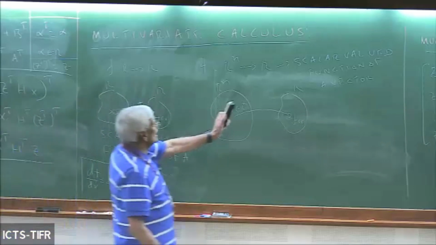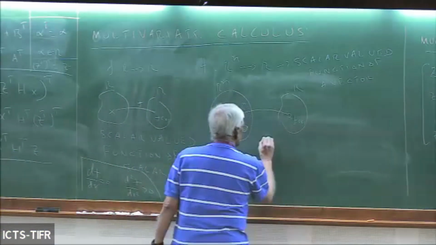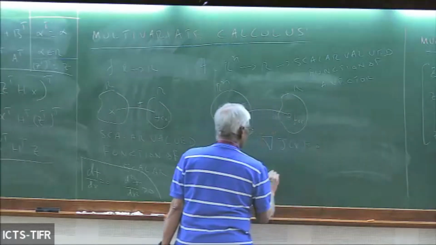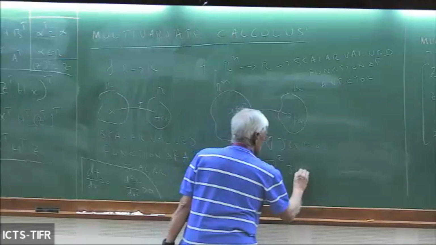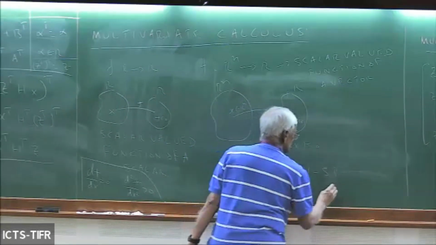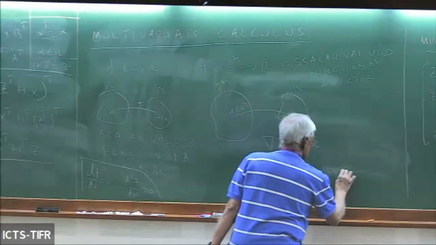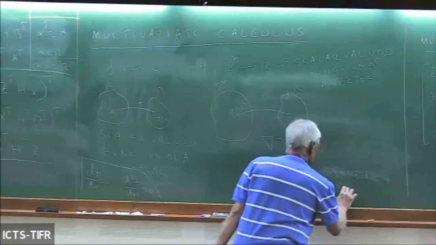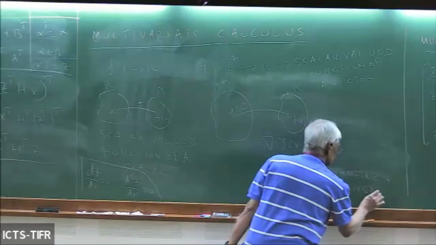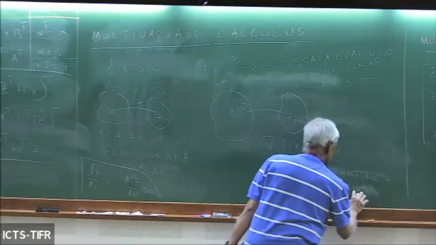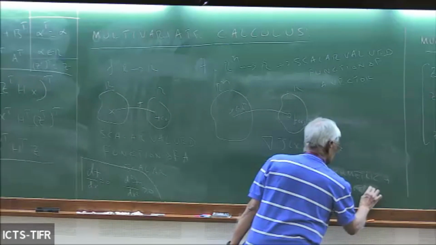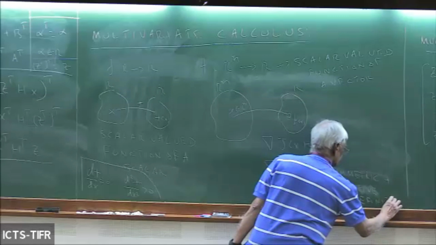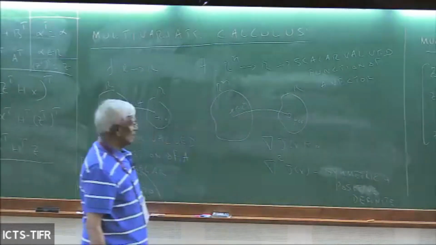Now, in here, what is the analog of that? The gradient of j of x must be 0. The Hessian of j of x must be symmetric and positive definite. It's the matrix.